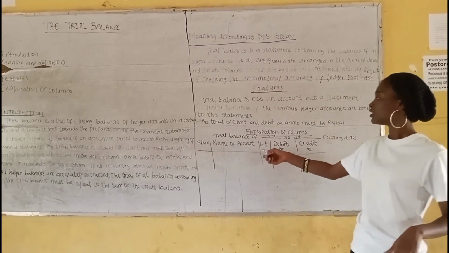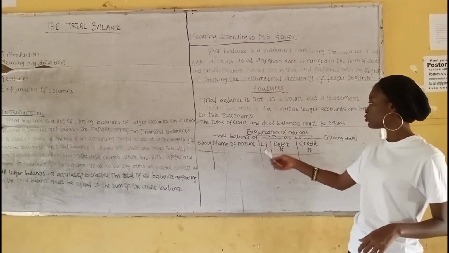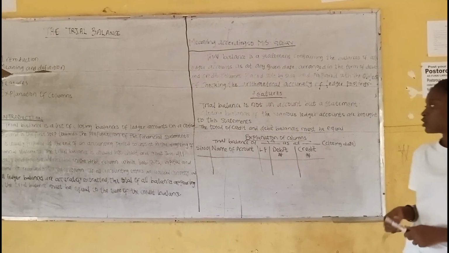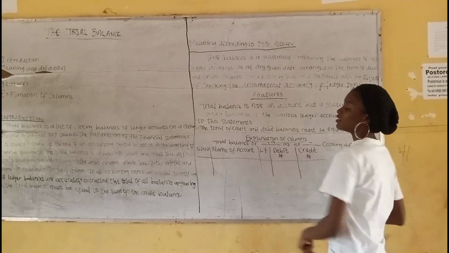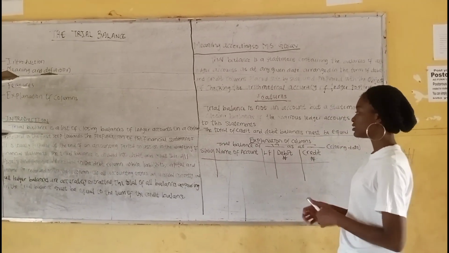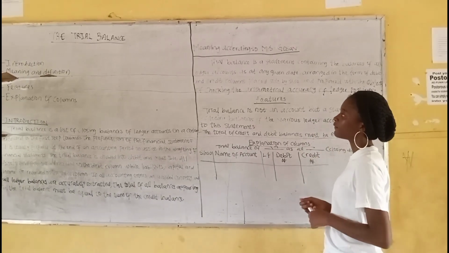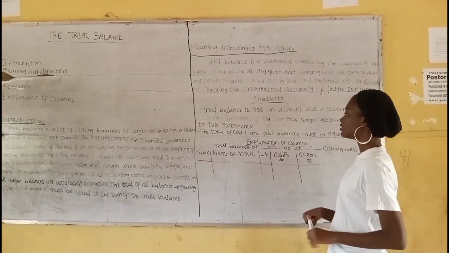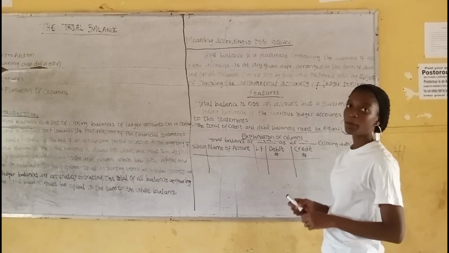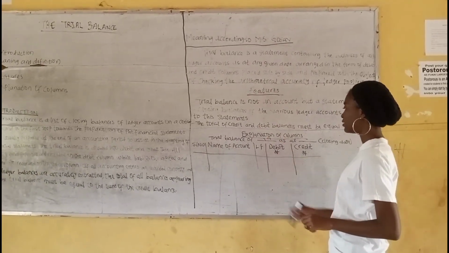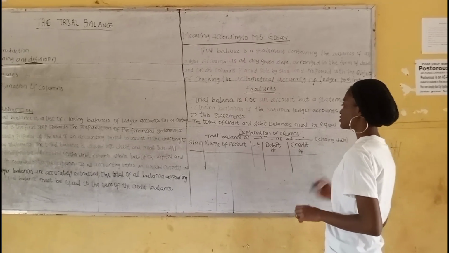We have the LF, which is known as the ledger folio, the debit, and then the credit side. The name of the account is a compiled list of the names of the ledger accounts. Then the ledger folio is the number in which the names of the ledger are. Then the debit and the credit side.